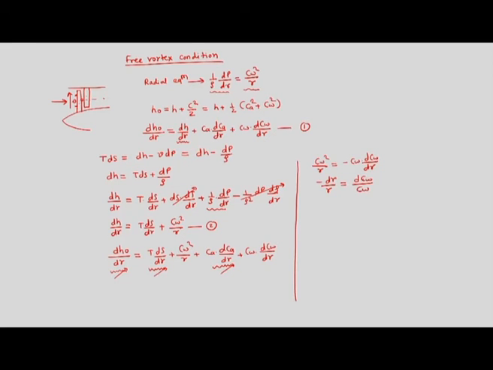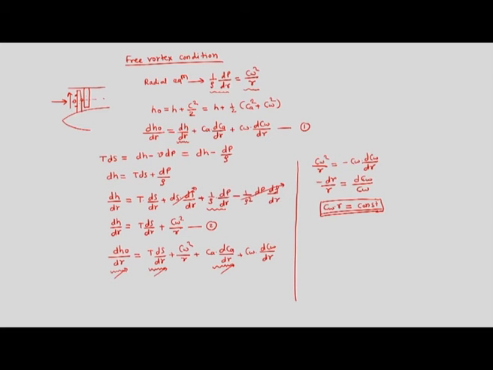After integration, this expression leads to the fact that Cw into r is equal to constant. So if we know Cw at one height, then we can find out Cw at some other height. This is how this formula helps us to find the velocity triangle at one point from the velocity triangle known at the other height.